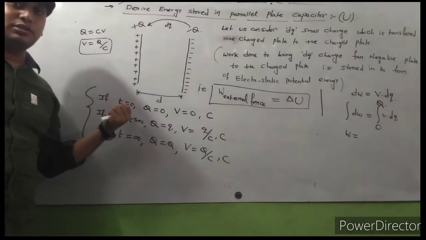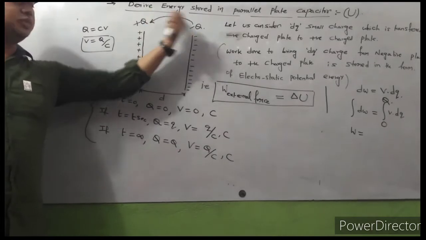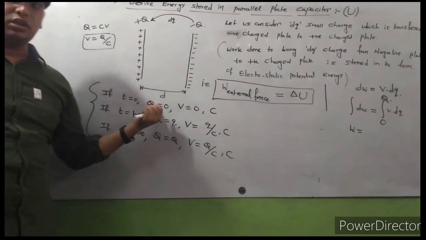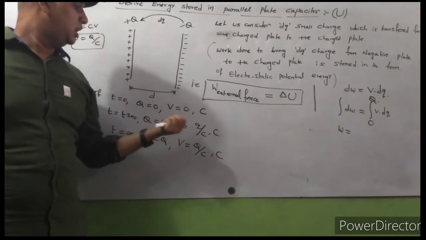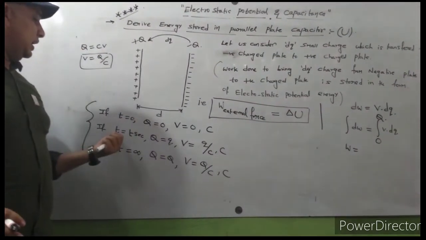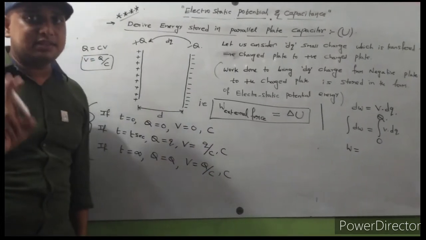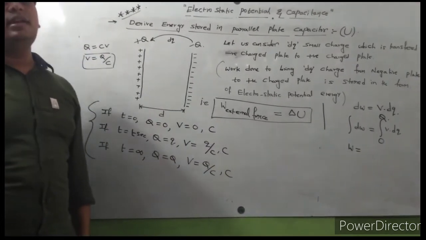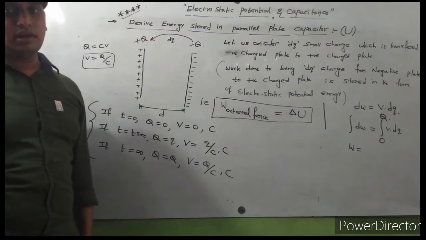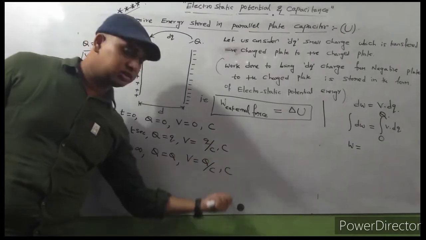If time t is equal to 0, the process was not started, that means there is no transfer of charge. That's why capital Q is equal to 0 and potential also 0, and capacitance is C here. Because capacitance is independent of charge and independent of potential, whatever charge or potential it may be, capacitance is constant here.